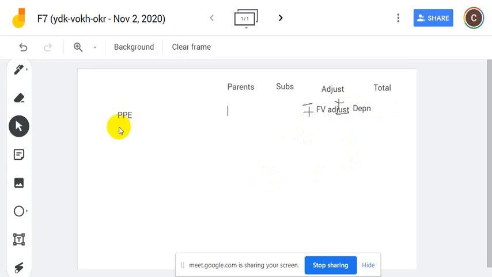After the PPE, the next we'll bring the goodwill calculation. This one, goodwill, will come from the workings.